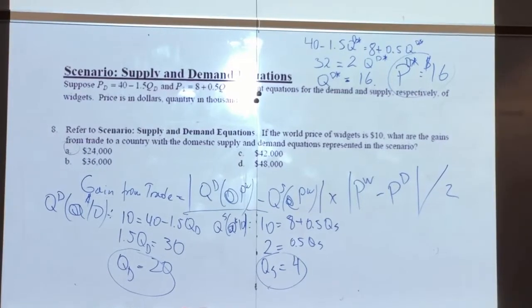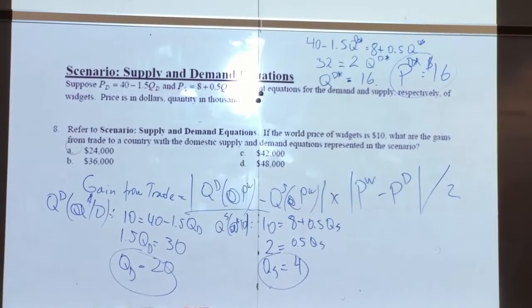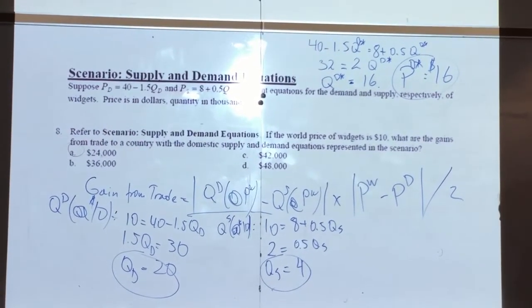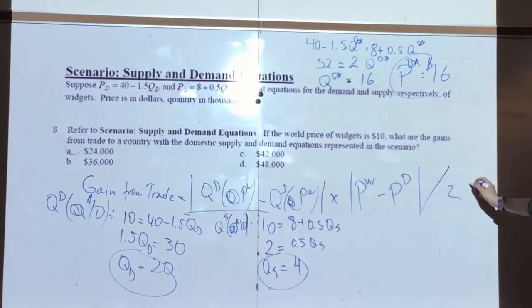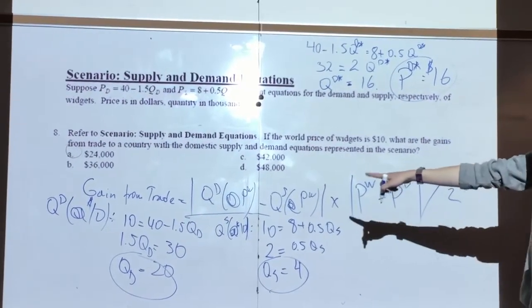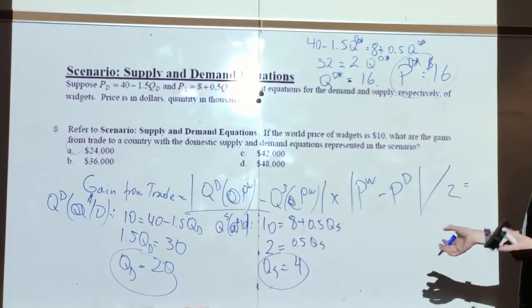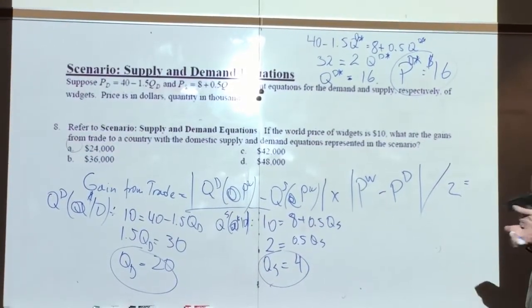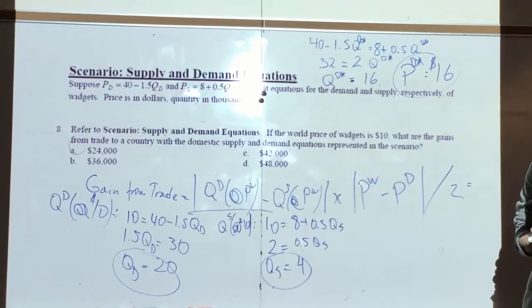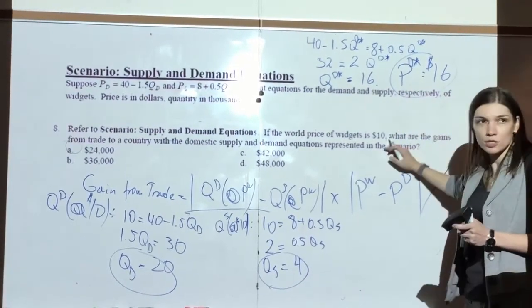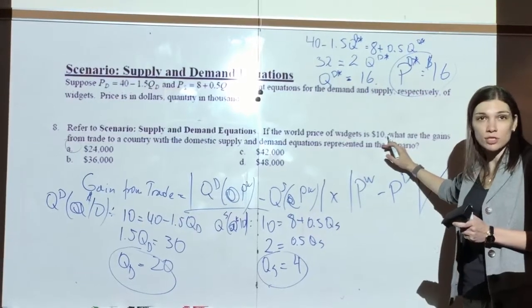Okay, now I know pretty much everything, so I can just plug it in. First of all, do we have imports or exports? Imports, because the domestic equilibrium price is 16 and the world price is 10, so it's below that.